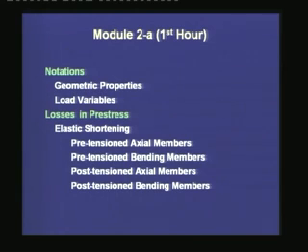Next, we shall go to the first type of loss in prestressed concrete structures, that is the elastic shortening, and we shall understand the phenomenon of elastic shortening for pre-tensioned and post-tensioned members. In either type of the prestressed structures, we shall look into examples of axial members and bending members.